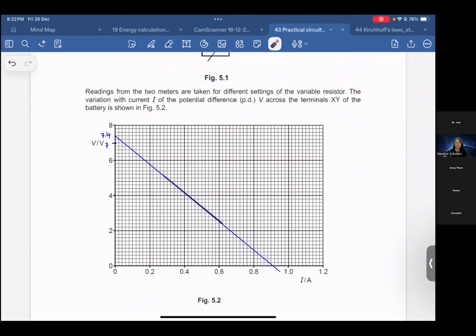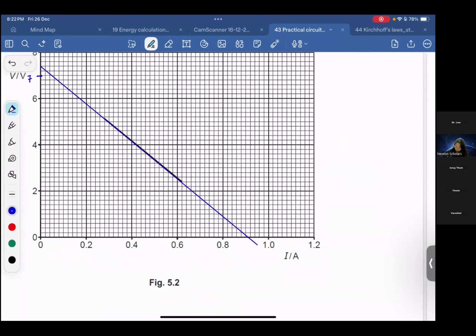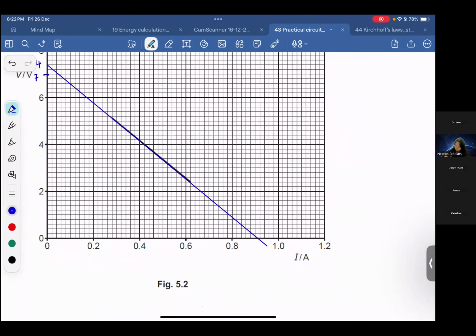Fawal, yes. Maximum current. Here is current. What is the maximum current you can have in the circuit? Vashini, correct. Oh, I didn't draw it properly, let me draw again.